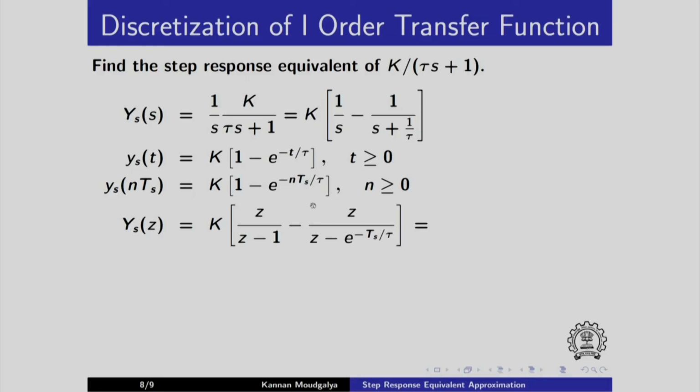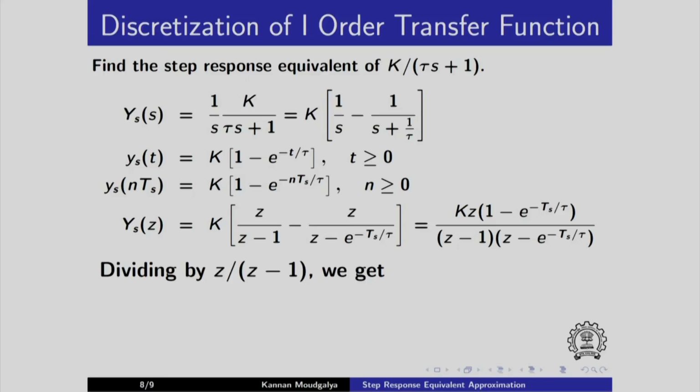As a result, we get this as the Z transform of the second expression, and this can be simplified. It is easy to calculate this. Next we have to divide by the Z transform of unit step. Let us divide by this, and this Z over Z minus 1 will go away, and you get this expression.